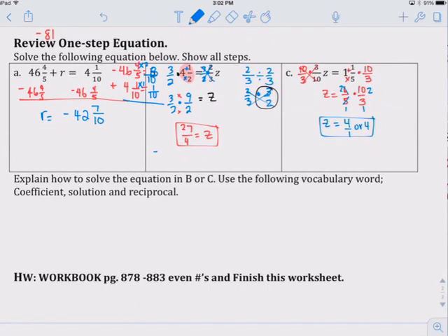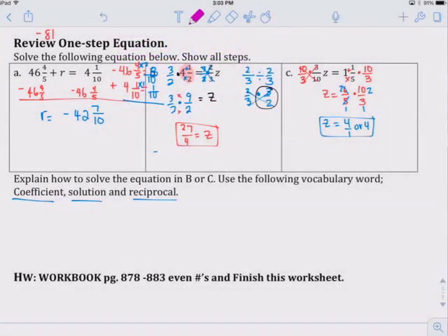Explain how to solve the equation, both B and C, using the following vocabulary: coefficient, solution, and reciprocal. Okay, let's explain this. Diana, how would you describe to someone how to solve this?